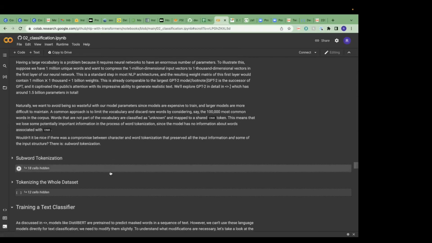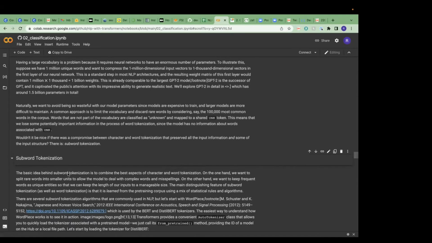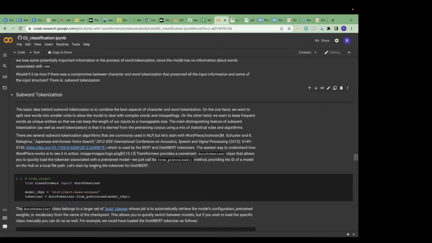So the solution would be subword tokenization. I don't exactly know what the algorithm is for subword tokenization, but the idea is you're not tokenizing words, you're tokenizing subwords, so that the word and its suffix or prefix would be two separate tokens.